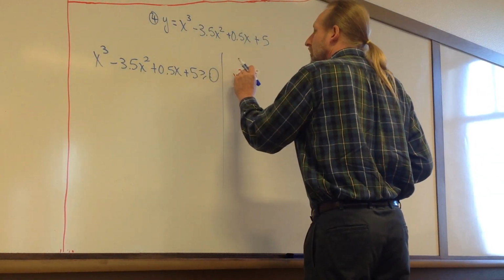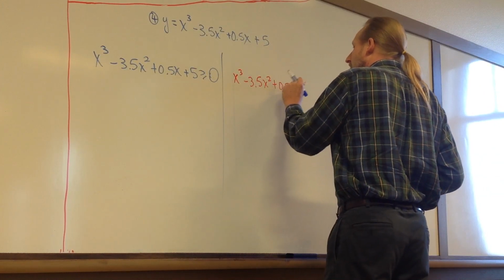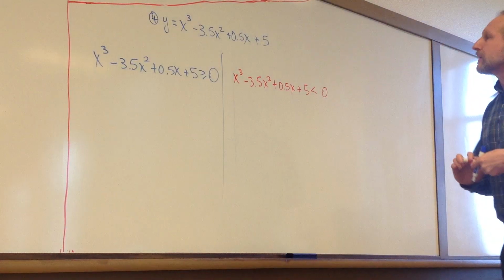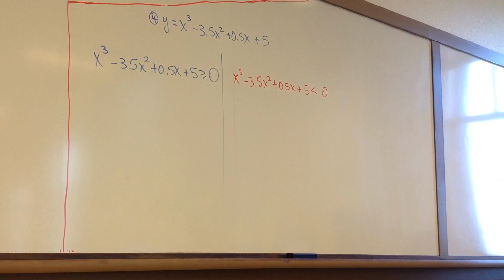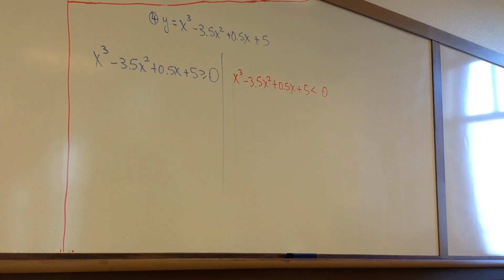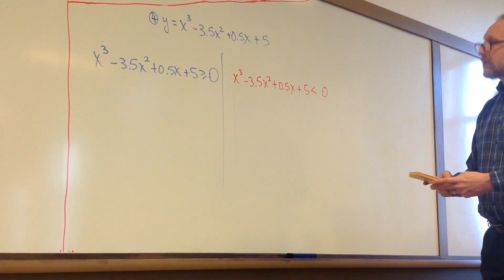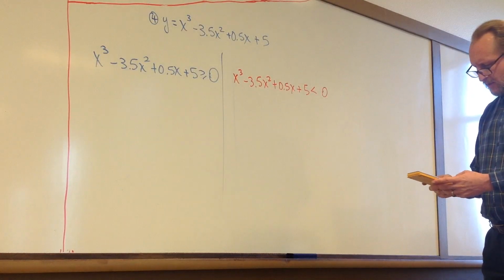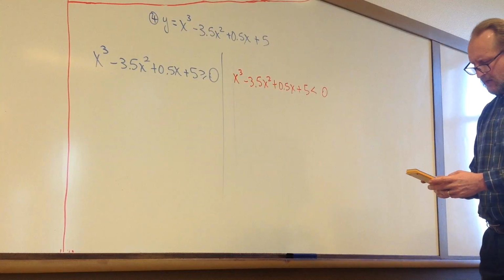And where is this graph less than 0? All right, so let's go ahead and put that graph on the graphing calculator and see what it looks like. So x to the third minus 3.5x squared plus 0.5x plus 5.